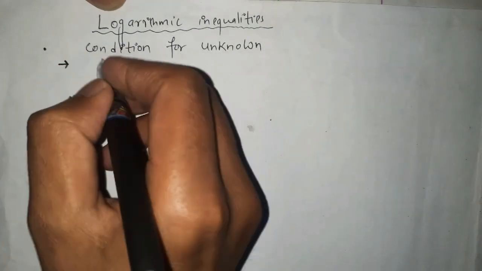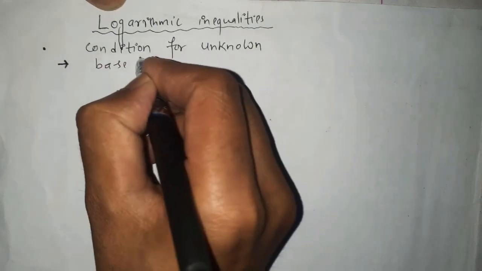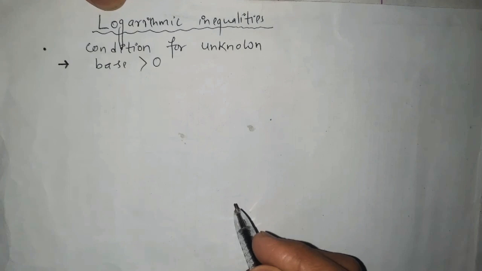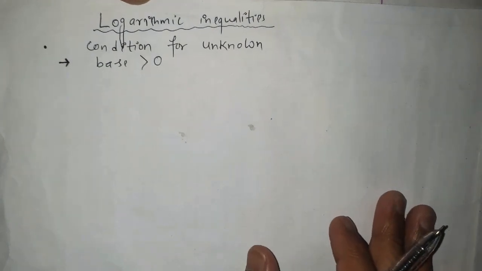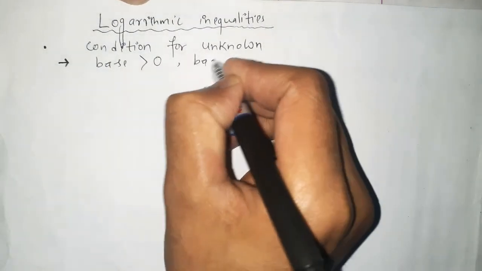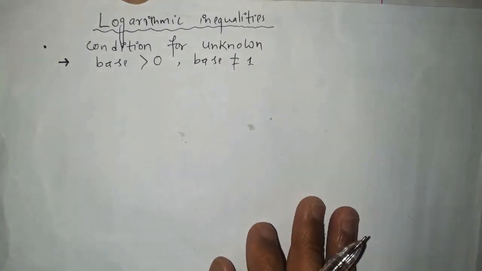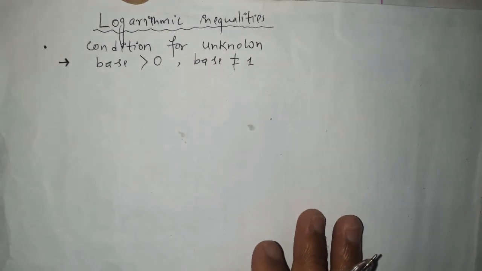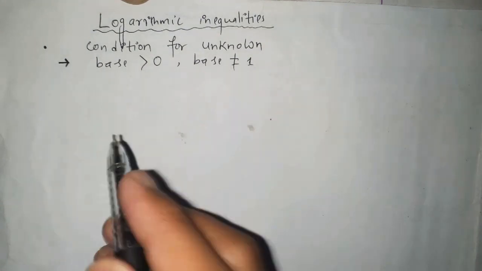One rule is that the base should always be positive. The logarithmic function is only defined when the base is positive, but the base should not be equal to exactly 1. This is the first condition for logarithmic functions to be defined. The base should always be positive other than 1.